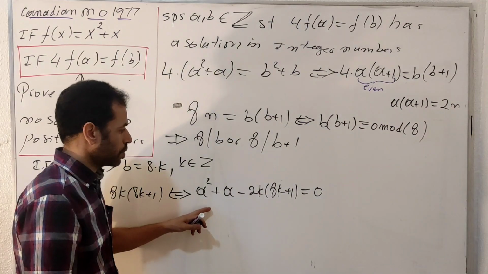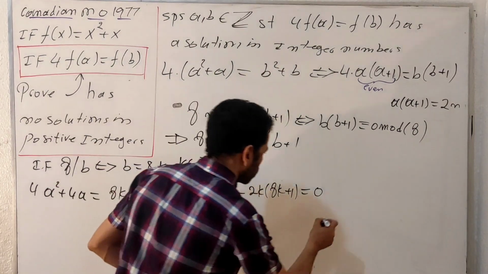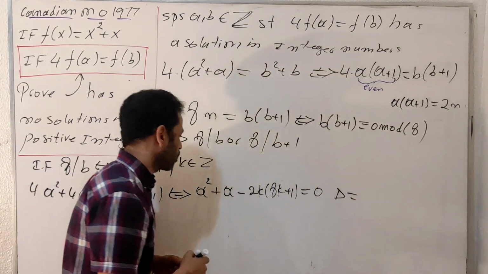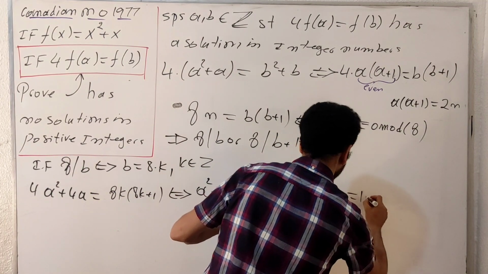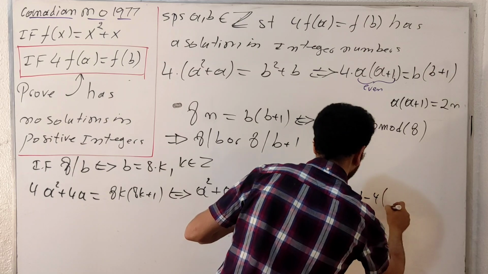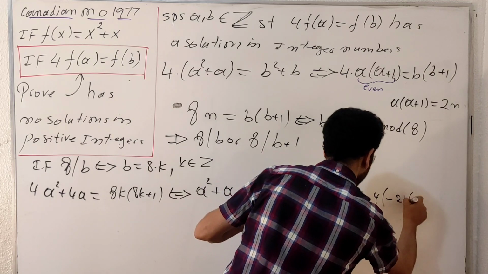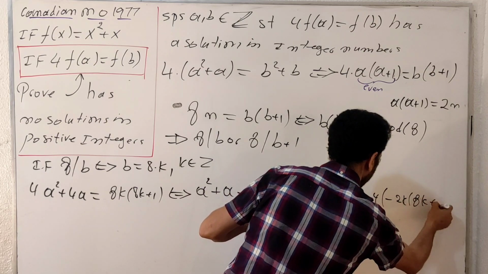Calculating the discriminant, delta, because we have a quadratic equation, delta will be 1 squared, which is 1, minus 4 times (minus 2k) times (8k plus 1).